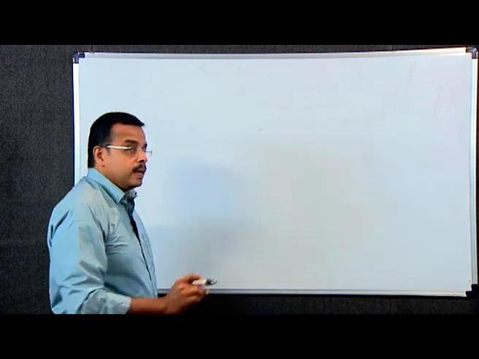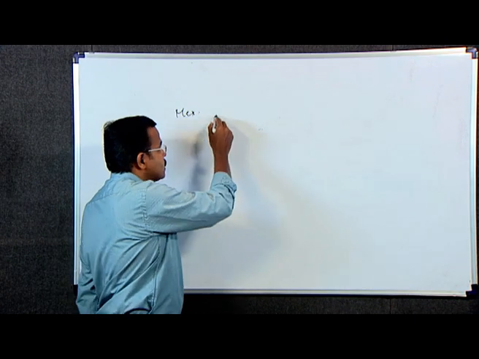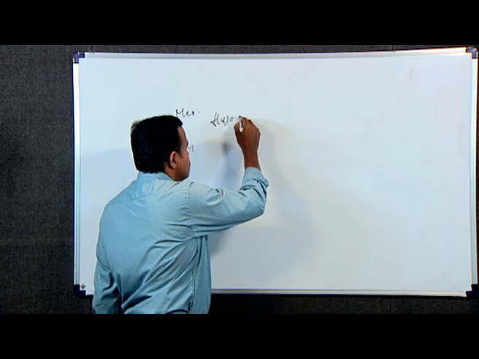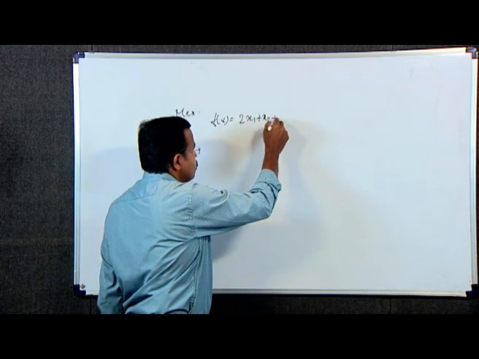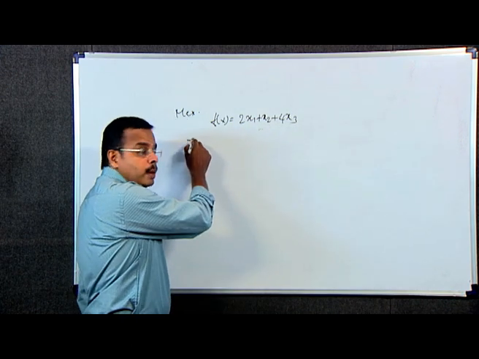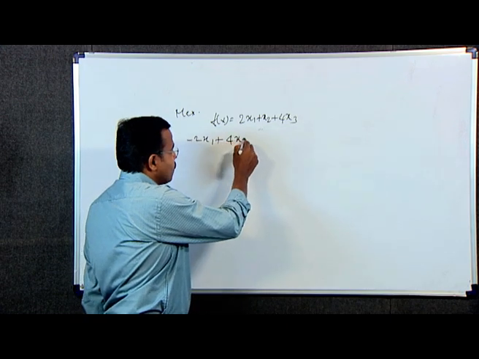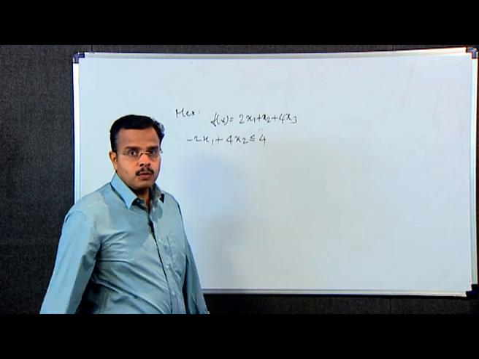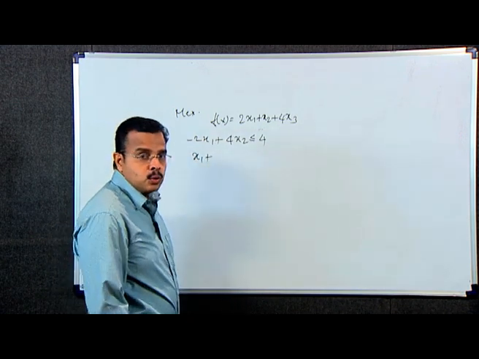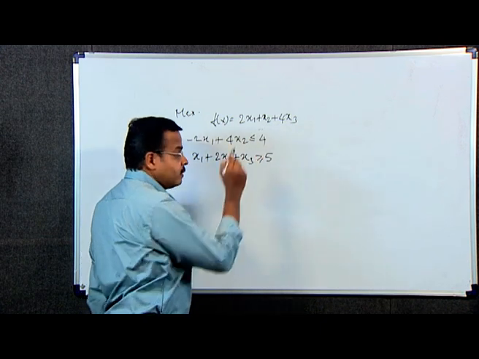Rewrite the following LPP in the standard form, that is, maximize f of x equal to 2x1 plus x2 plus 4x3, subject to the constraints minus 2x1 plus 4x2 less than or equal to 4, then x1 plus 2x2 plus x3 greater than or equal to 5.